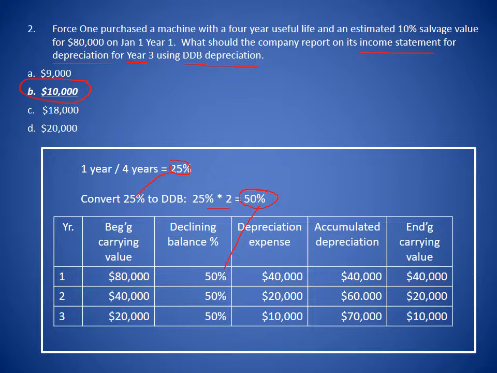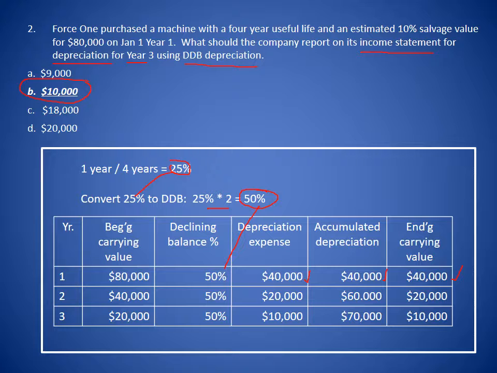So in year 1, we start off with our beginning carrying value of $80,000 times the 50% rate, so our depreciation expense calculates out to $40,000. And that means for year 1, our corresponding accumulated depreciation would be $40,000, which we subtract from our $80,000 carrying value, meaning our ending carrying value is equal to $40,000.